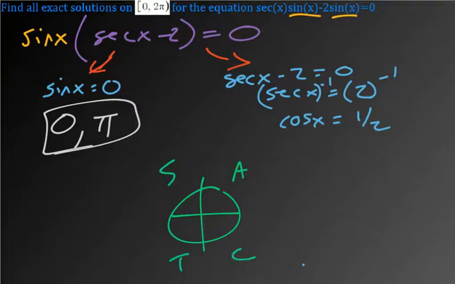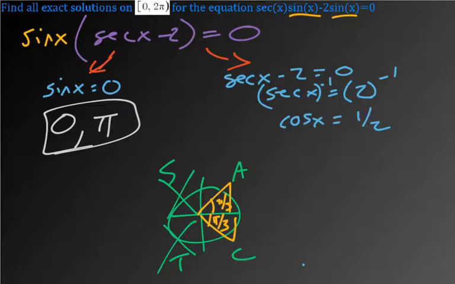And if you think of your acronym, you can't be here because sine's positive. You can't be here because tangent's positive. So basically, you've got a pi over 3, sorry, I wrote a 6, a pi over 3 reference angle in both quadrants 1 and 4.